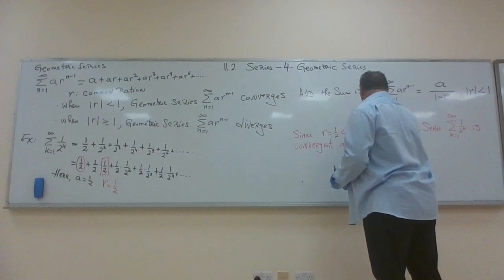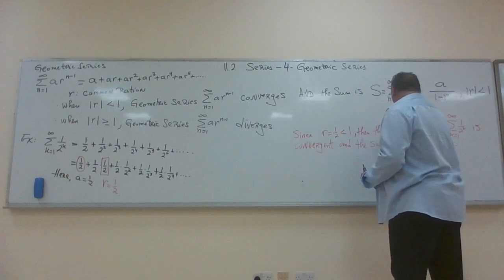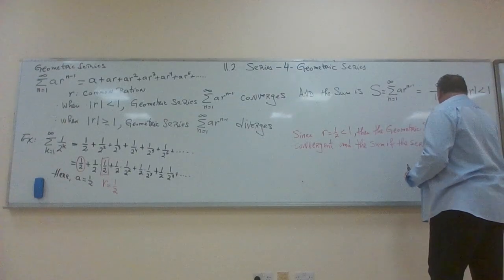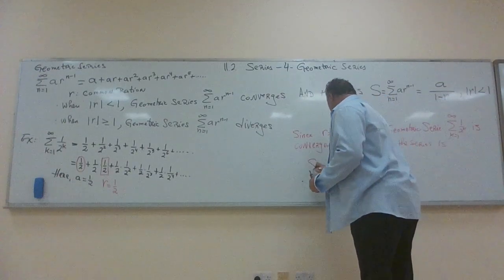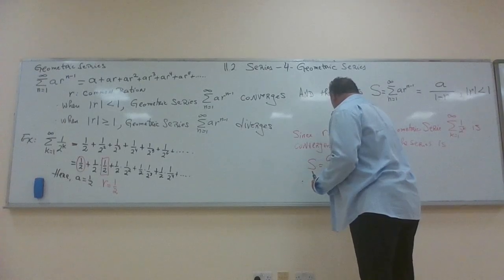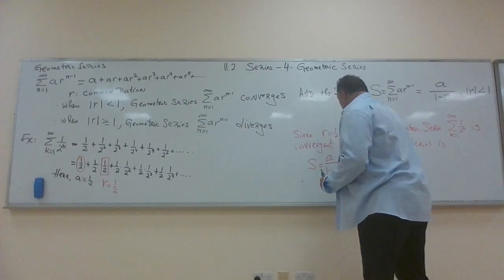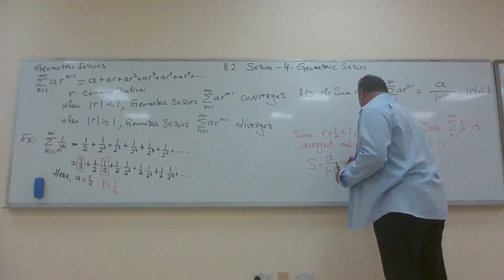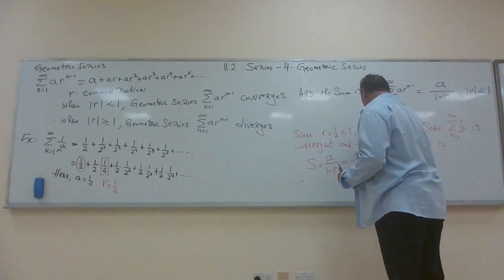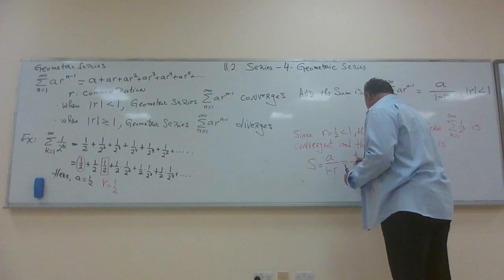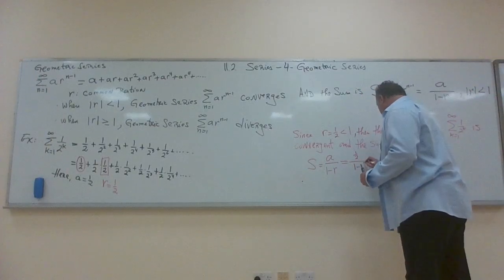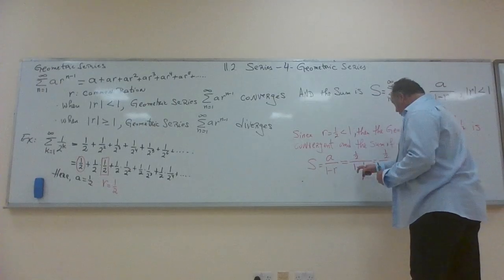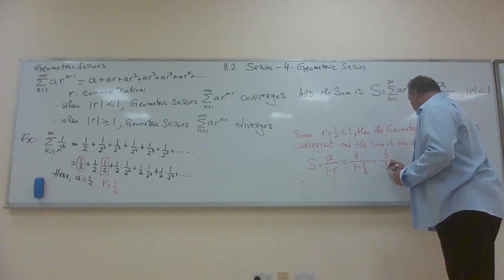And the sum of the series is given by a divided by 1 minus r. That's why we need to identify both of them. So a was 1 over 2 divided by 1 minus r. r was 1 over 2 also. 1 minus 1 over 2 is 1 over 2.